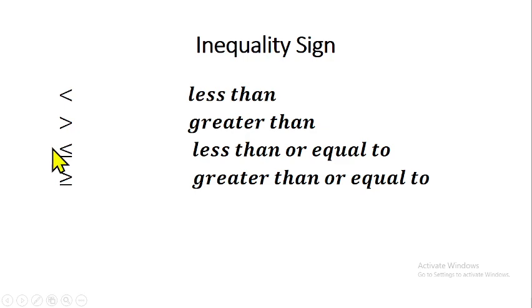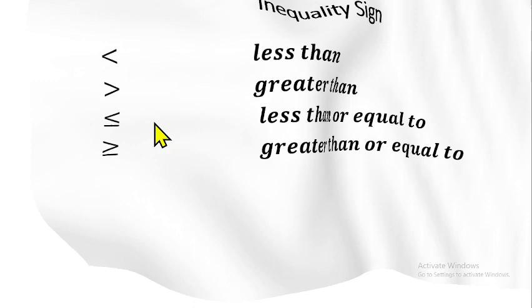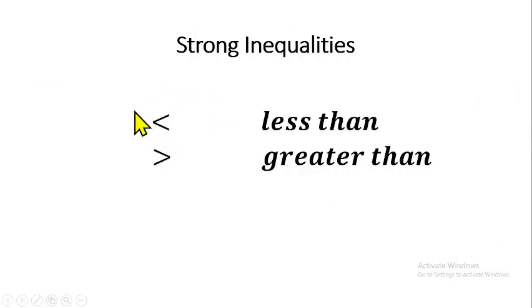Now, out of these four inequalities, some of them are weak, some of them are strong inequalities. We have strong inequalities and we have weak inequalities. Out of the four, these two are strong inequalities because they only mean one thing.